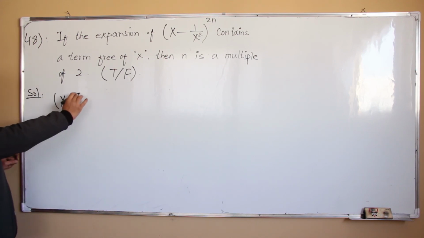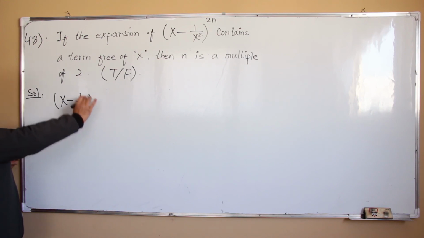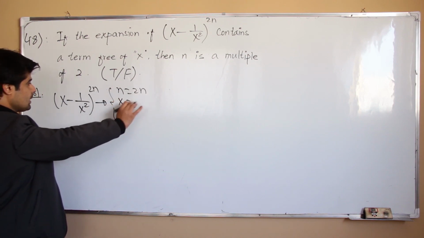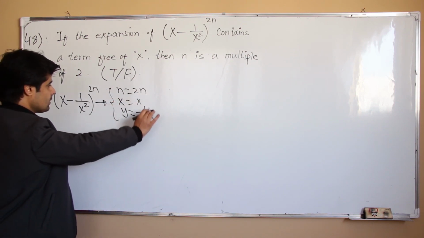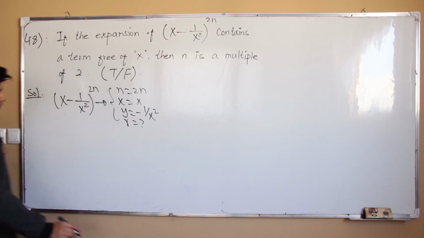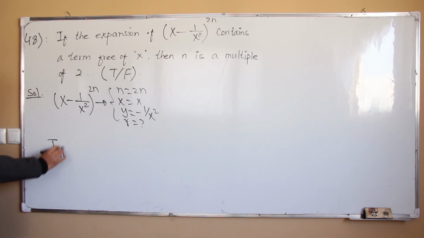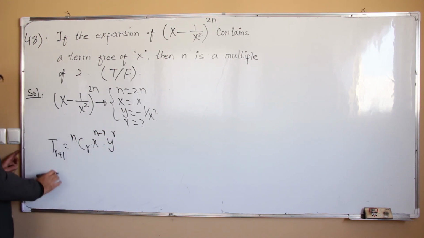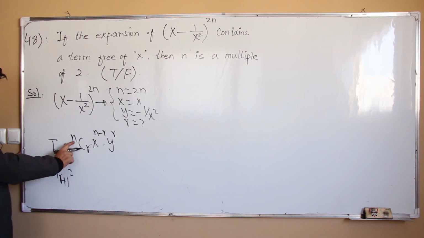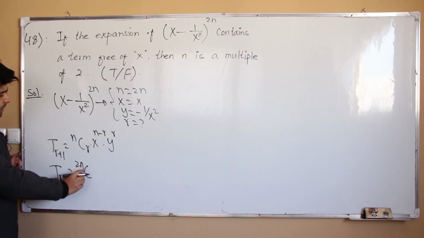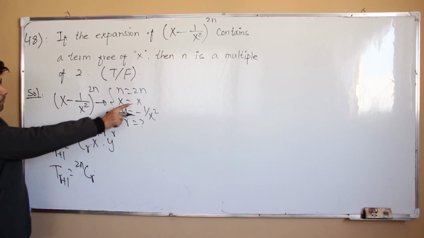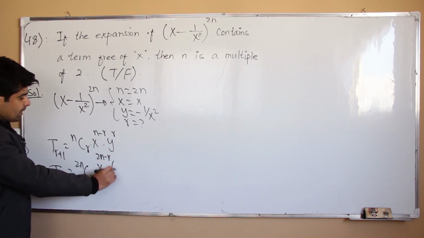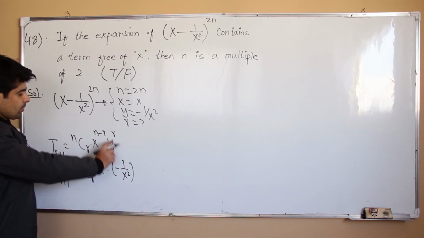Now, our binomial is (x minus 1 divided by x squared) raised to the power 2n. In here, n is 2n, x is x, y is minus 1 divided by x squared, but we don't know r. We just know the general term r plus 1, which is nCr, x to the power n minus r, y raised to the power r. In here, n is 2n, r we don't know, x is x, so x to the power 2n minus r, y is minus 1 divided by x squared raised to the power r.